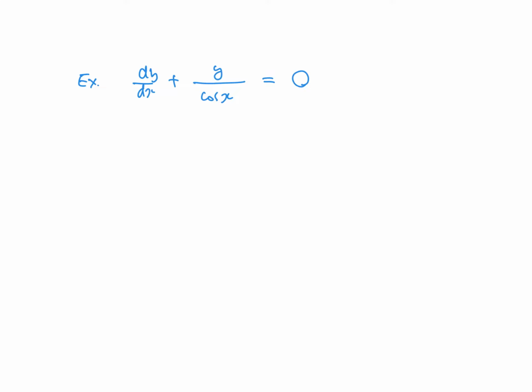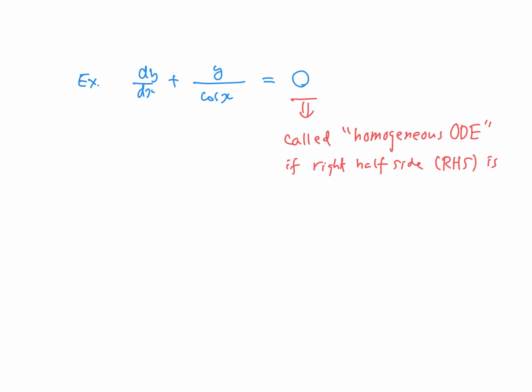The right hand side, RHS, is 0, or sometimes called null. That's probably the easiest case.